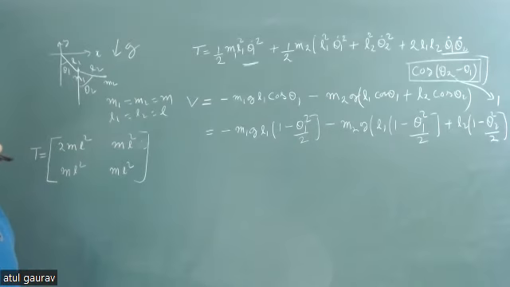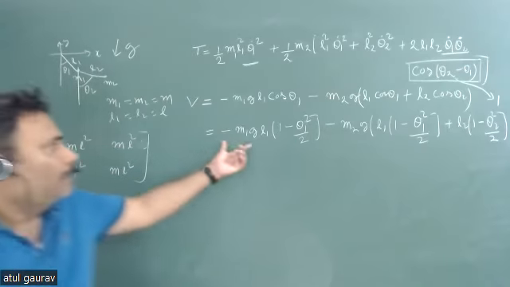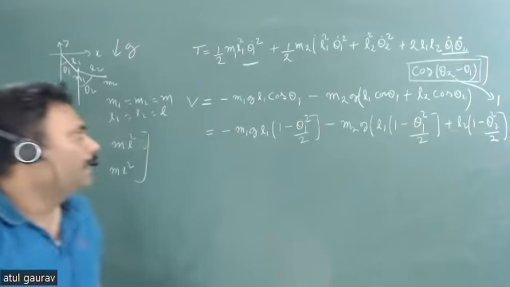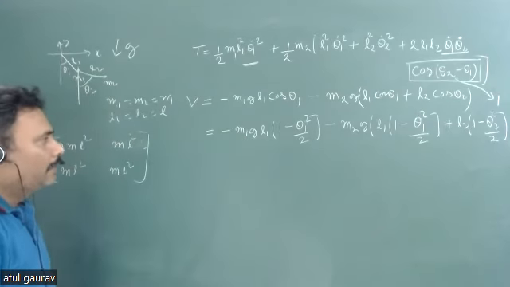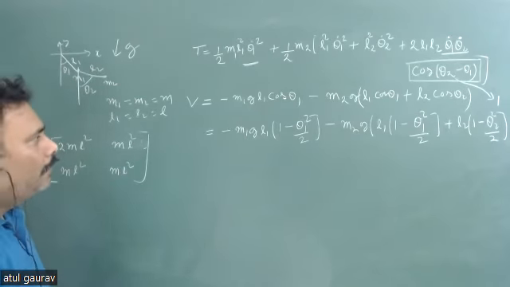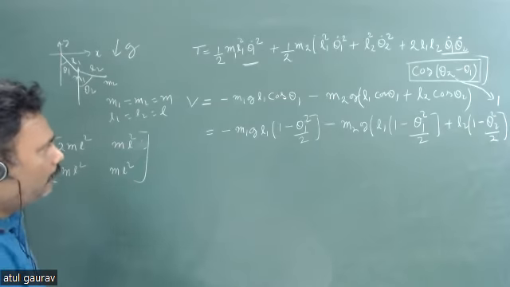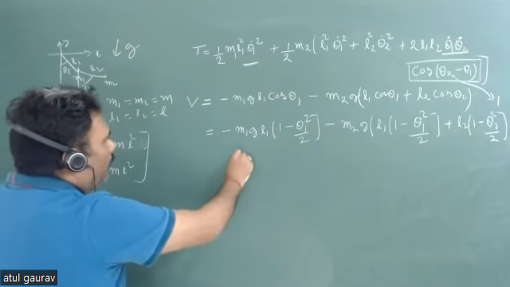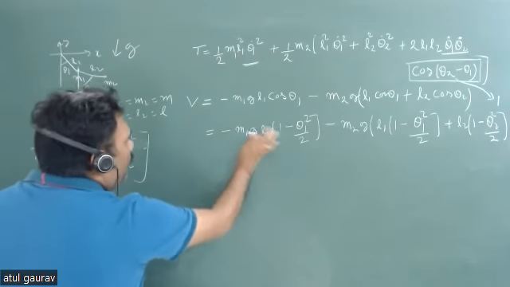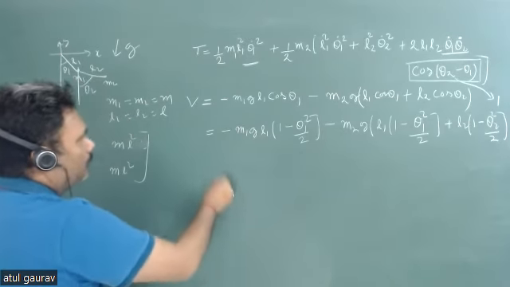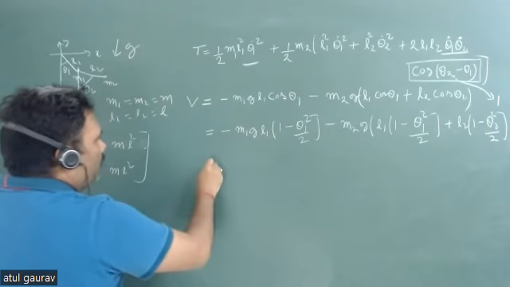चलो, सो ये सारा टर्म तो कांस्टेंट है, तो कांस्टेंट का कुछ भी लेना देना नहीं है. We can neglect constant term. So we will just go for the potential. So just go for m1 is equal to m, l1 is equal to l, and all these things. So minus minus plus.